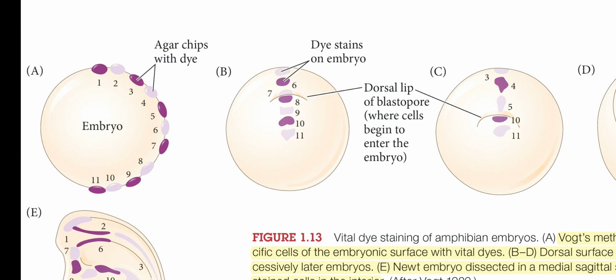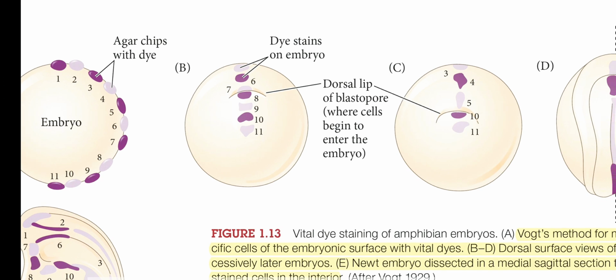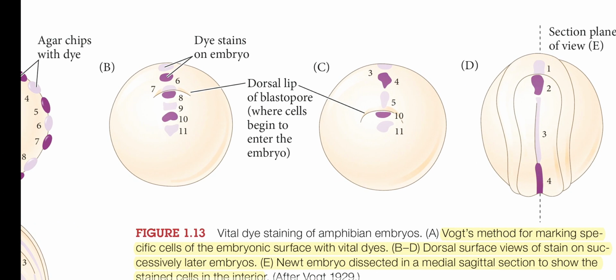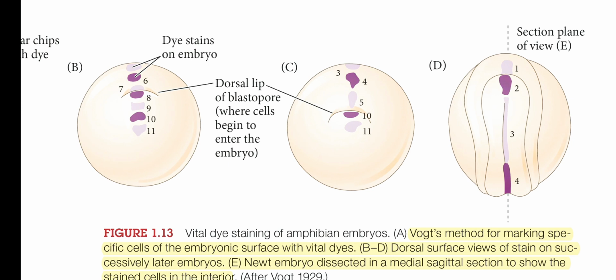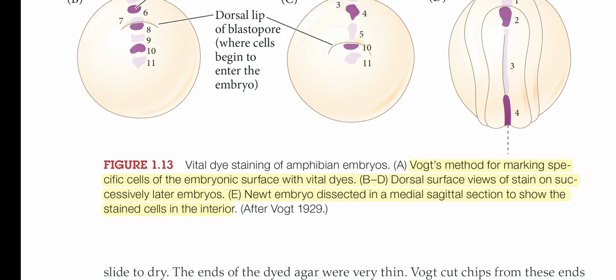Here also something similar is done. Here, agar chips with dye are placed on the embryo, which leads to further embryonic developmental stages, and the cells in that region with the agar chip dye differentiate, and that can be recorded and later observed by dissecting.